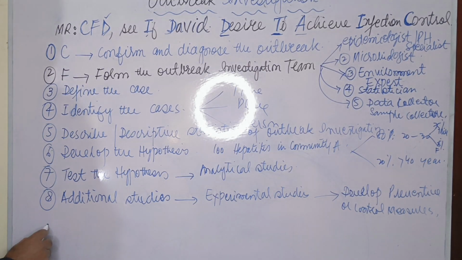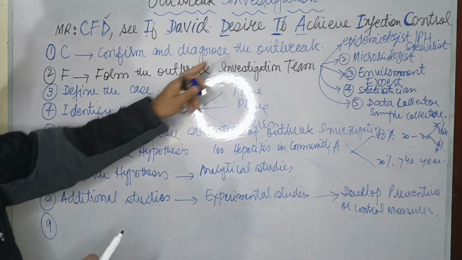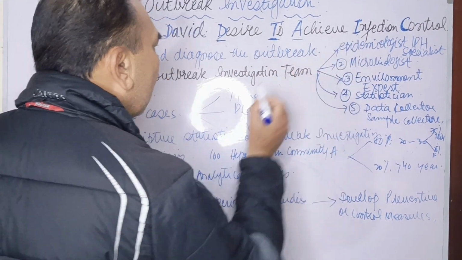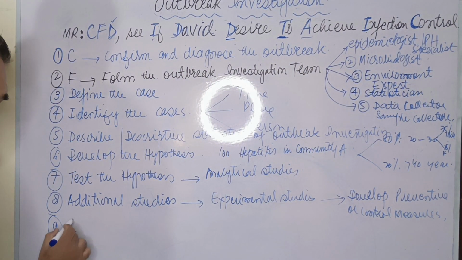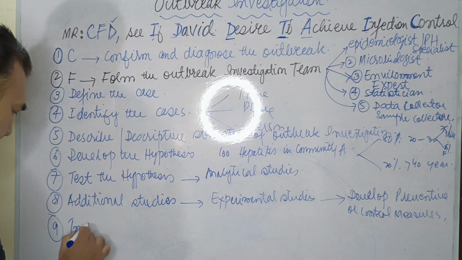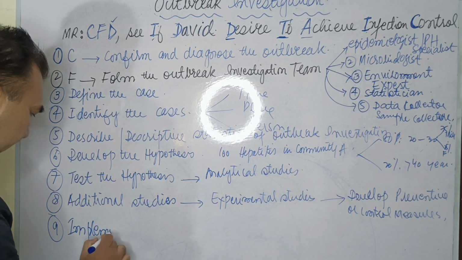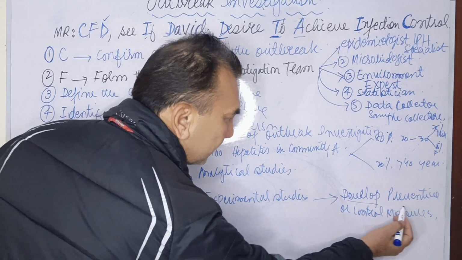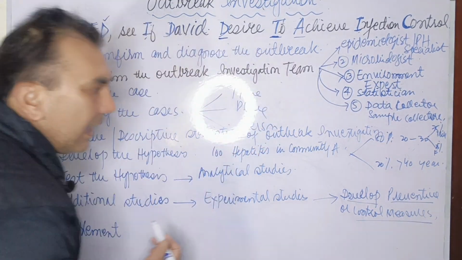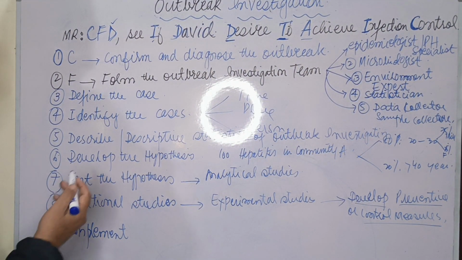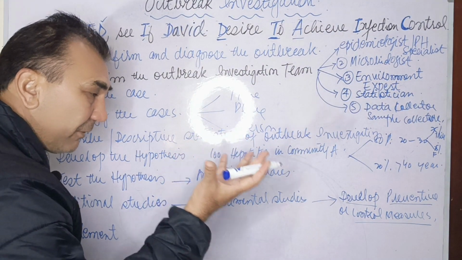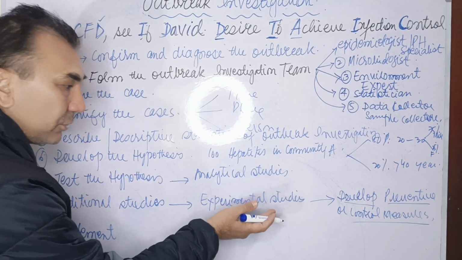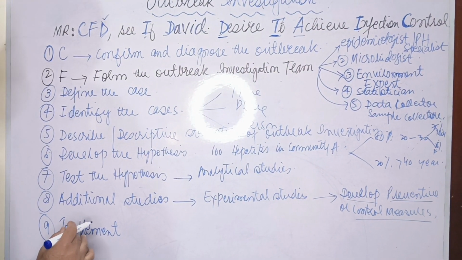Now step number 9 to achieve A, for the achieve. And now the I is implement. What will you implement? These controlling and preventive measures which you formulate, which you construct, or which you made through the experimental study design.